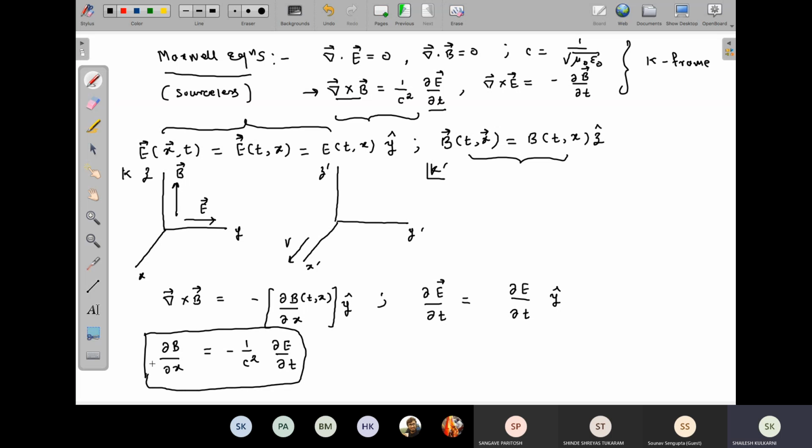Firstly, we should know how this partial derivative transforms. How this del t and this del x should transform under Galilean transformation. And then later on, we will see how E and B will transform. As far as partial derivative is concerned, suppose I consider any function f of t and x.